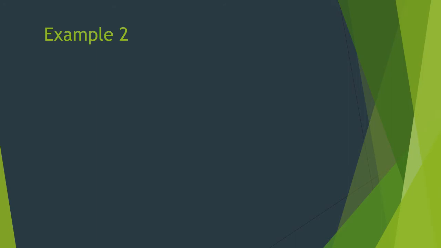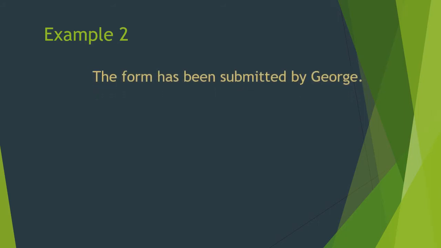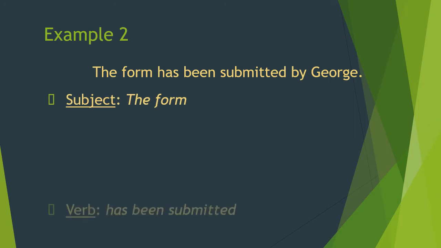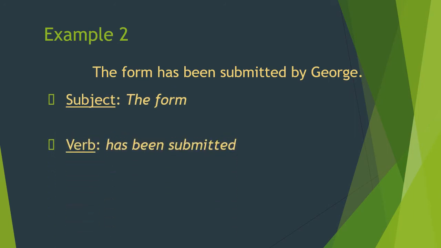Let's move to the second example. The second example in active voice was George has submitted the form. In the passive voice, it will become the form has been submitted by George. Here, the subject is the form, verb has been submitted, and the object is George.